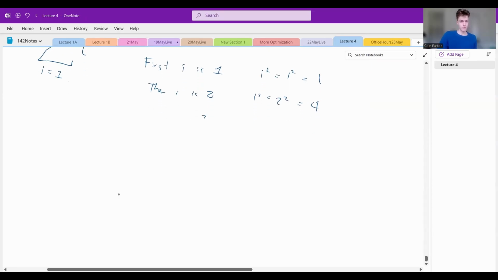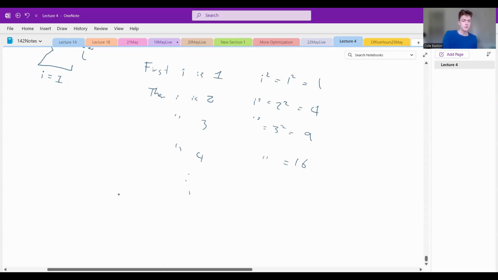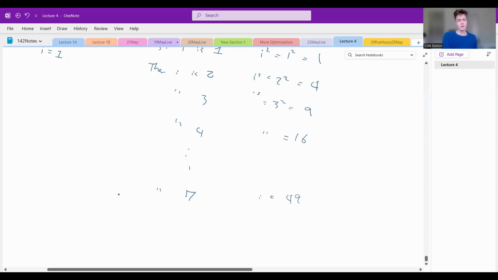So then it's going to be 3, and it's going to be 4. And so we'll have this be 9, and then we'll get 16. And we're going up to 7. So we'll do the same thing for 5 and 6. And then it's going to be 7, and then our i squared is going to be 49. And this sum means that we're going to add all of these together. And so if you were to do that, you would find that you would get 140.